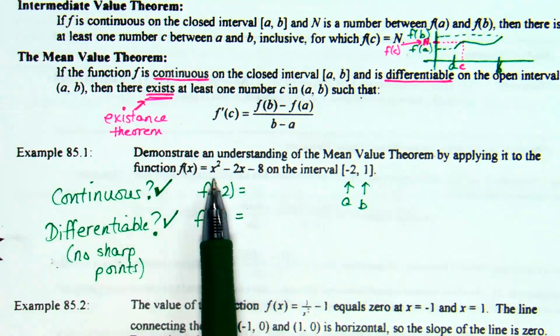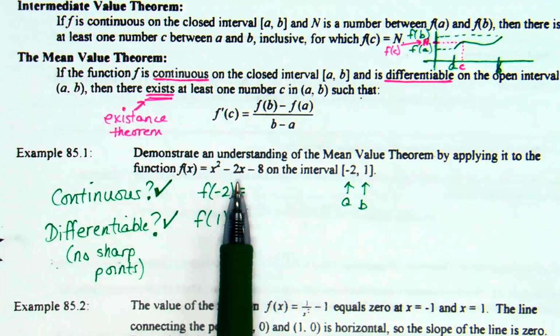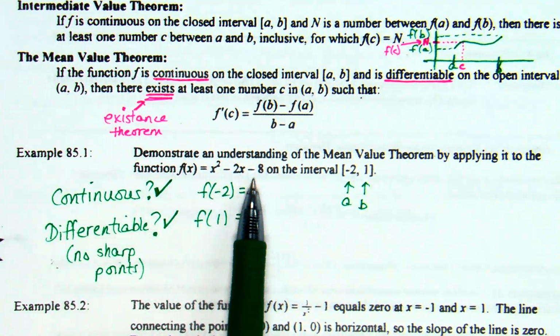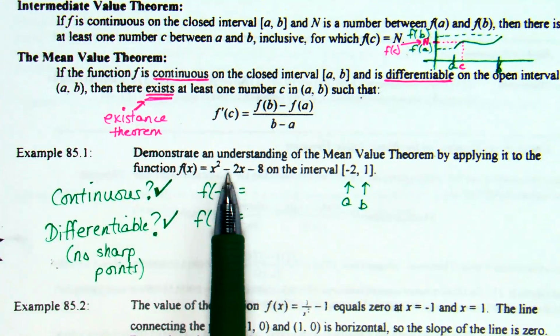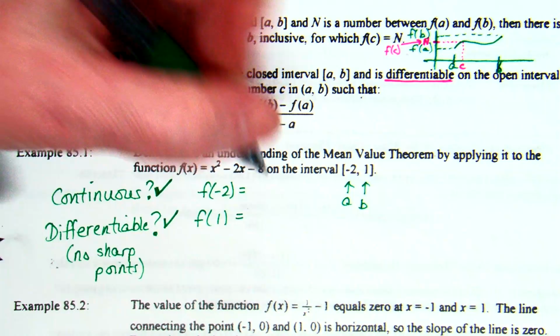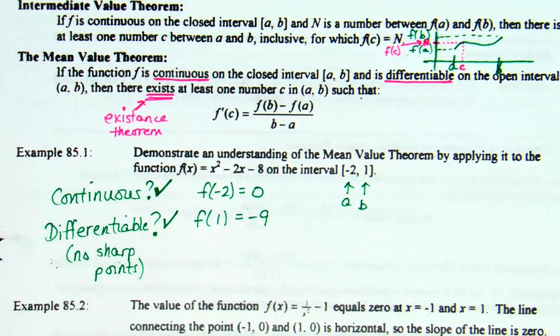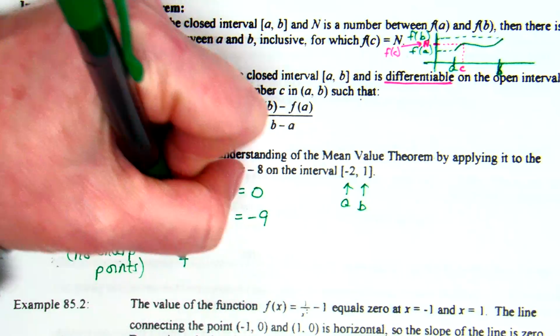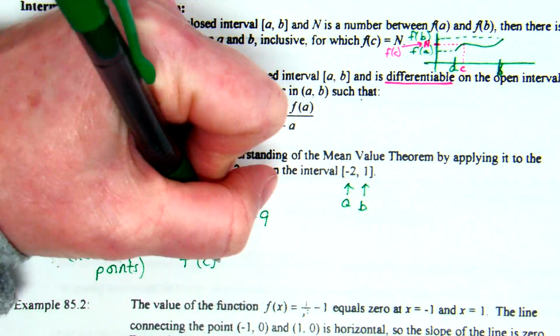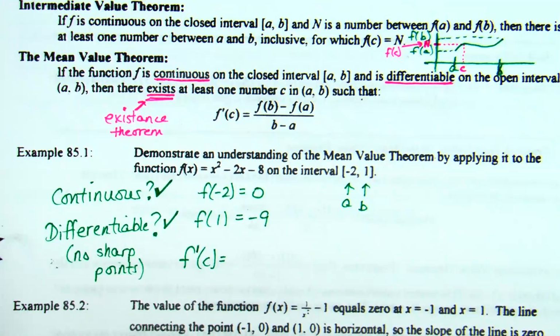You're going to get 0, because -2 squared is 4, -2 times -2 is 4, 4 plus 4 is 8, minus 8 is 0. What do I get when I plug in 1? 1 minus 2 is -1, minus 8 is -9. Okay, so the idea is f prime of C is what we're trying to figure out.